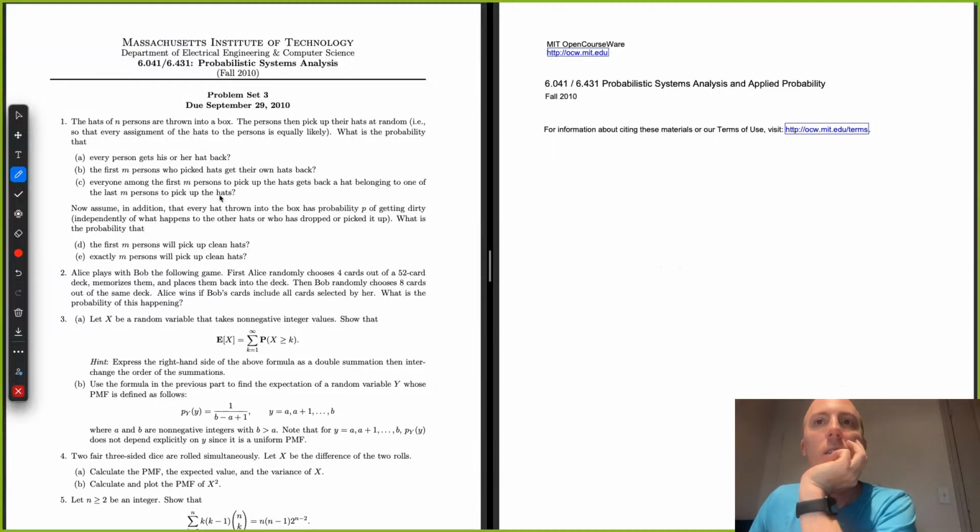So it's the probability that the first n persons get their own hat back. So how do I want to do this? That is one way to think about it, where we're just counting up the number of instances of those tuples.